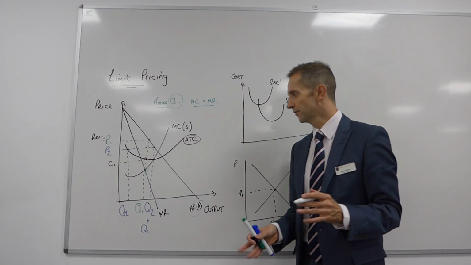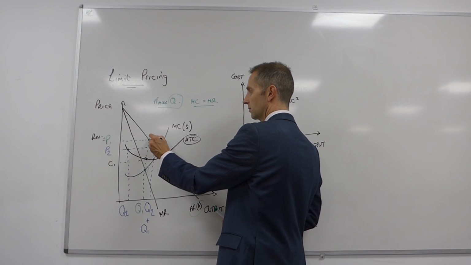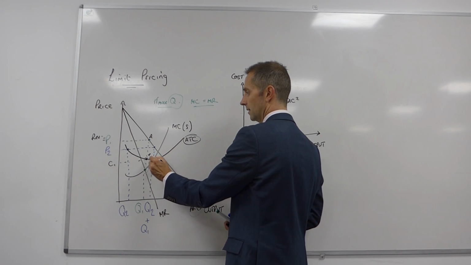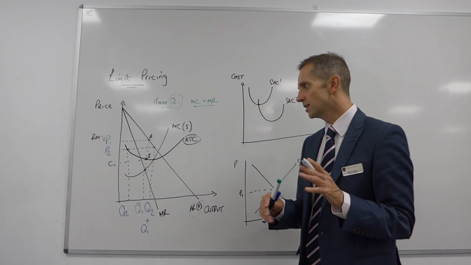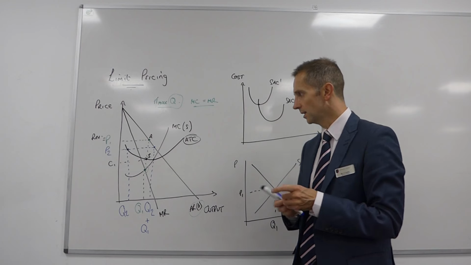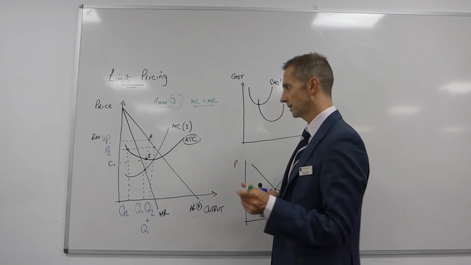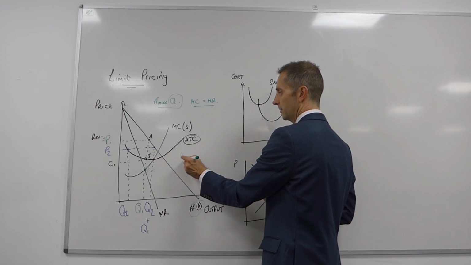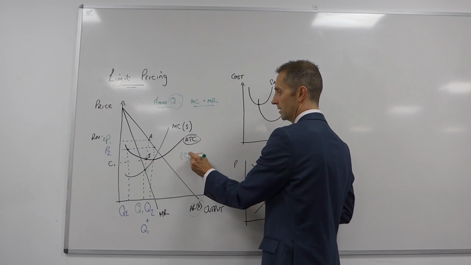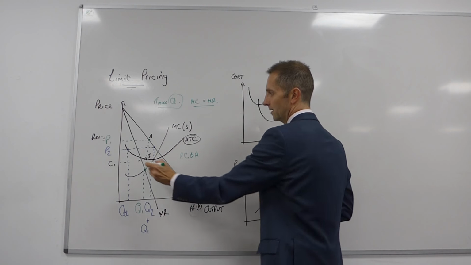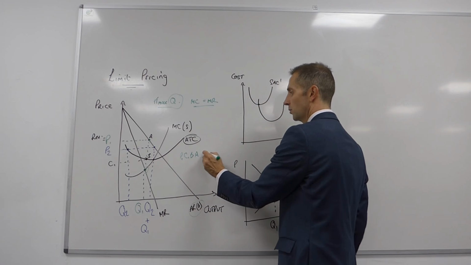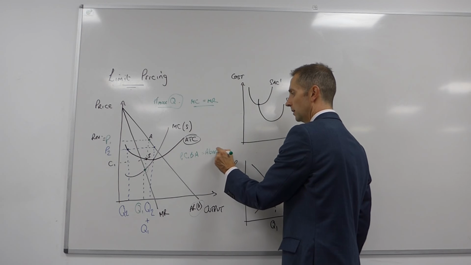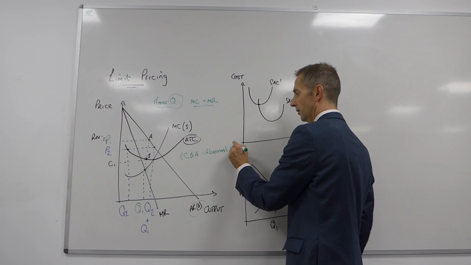I'm just going to put a couple of further labels on here. That's A, that's B. I'll not shade these areas, I'll just identify them to you, otherwise it gets a little bit too messy. So P1, C1, B, A, that rectangle there, is equal to abnormal profit.